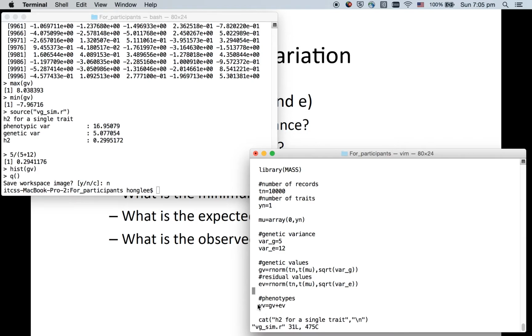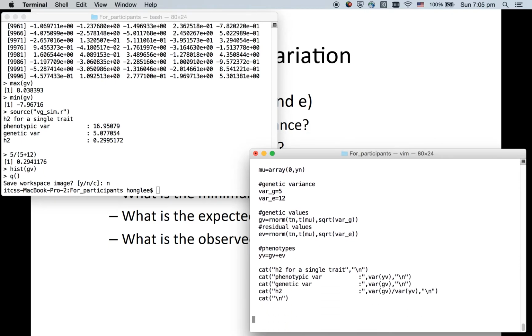So this is actually the phenotypes. From these phenotypes, you can work out the phenotypic variance. Also you know the genetic value as well as its variance, and the residual value and residual variance. So it is straightforward to get the phenotypic variance and genetic variance, and therefore heritability.